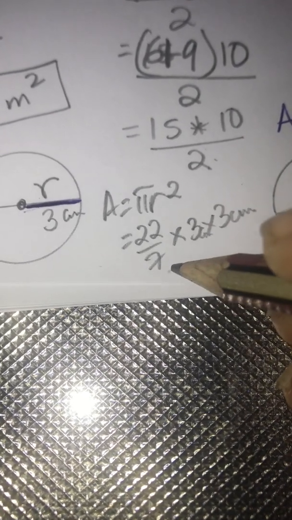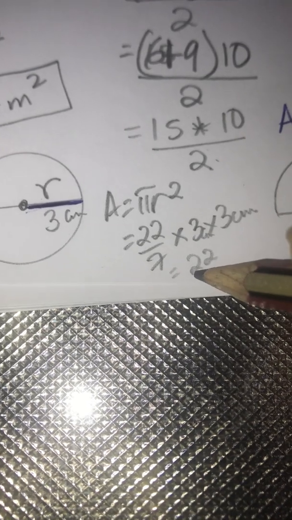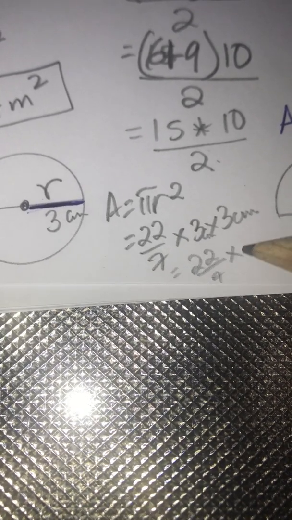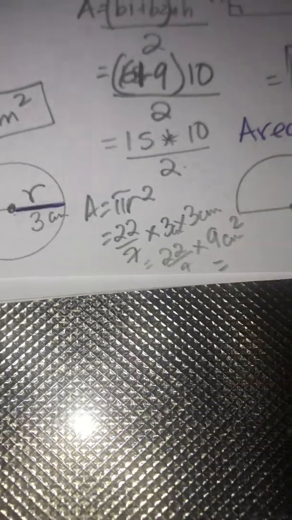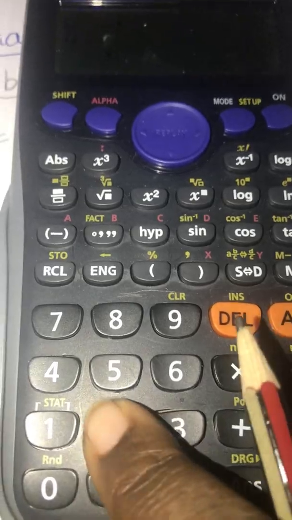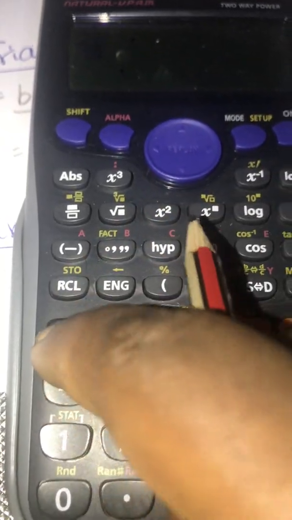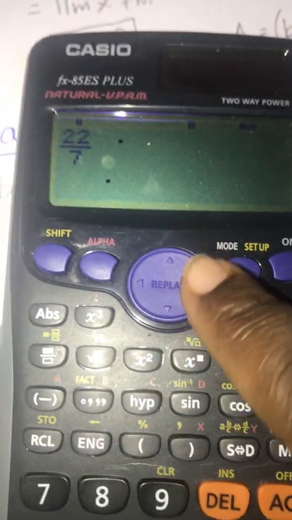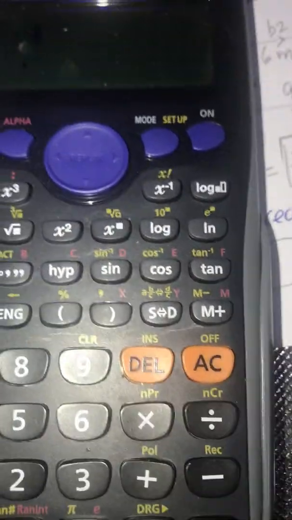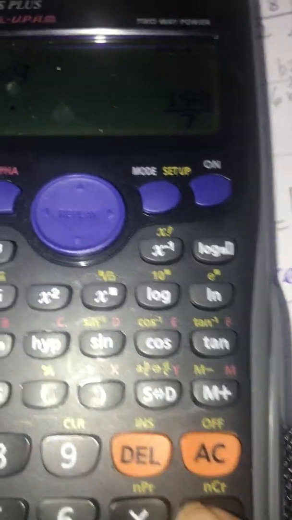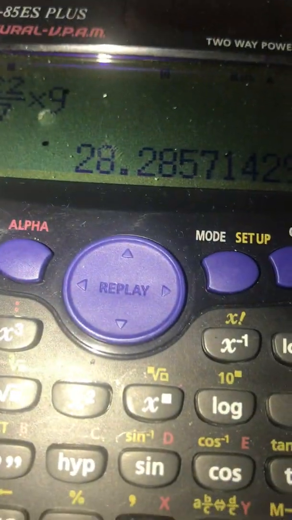So this is 22/7 times 9 centimeters squared. So you go to your calculator and you put 22/7 times 9, and that gives you 28.